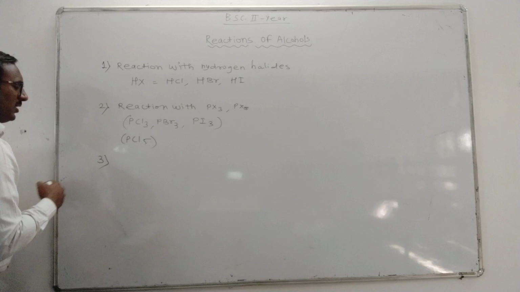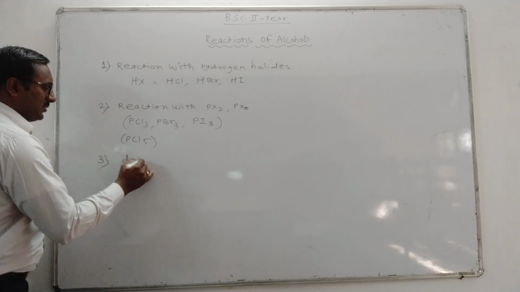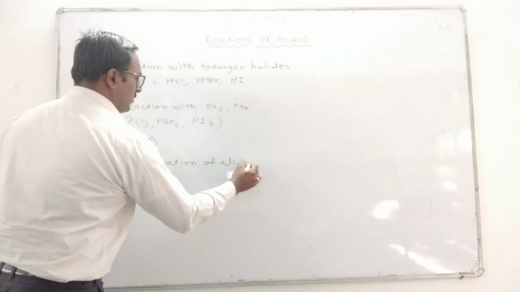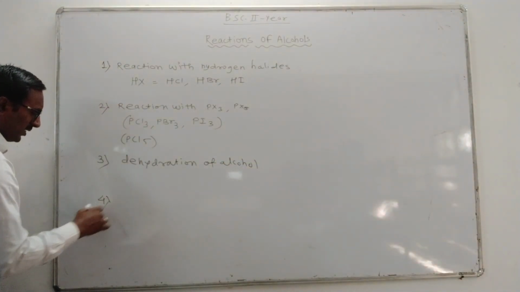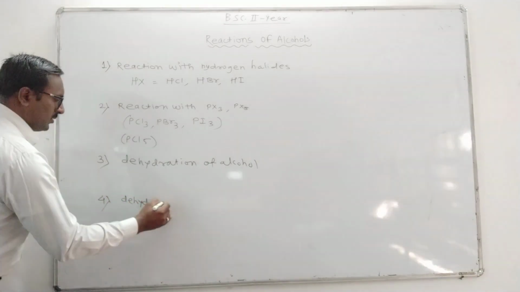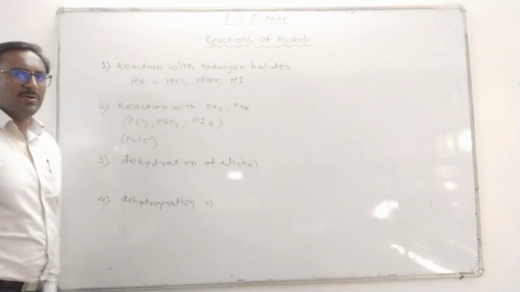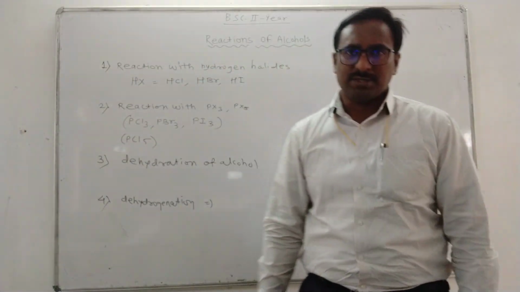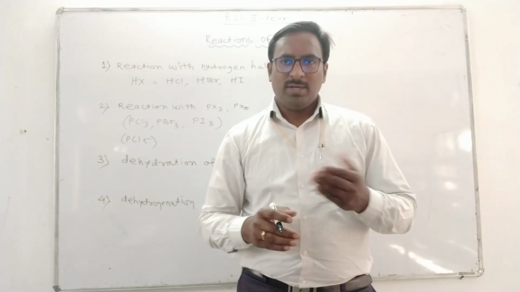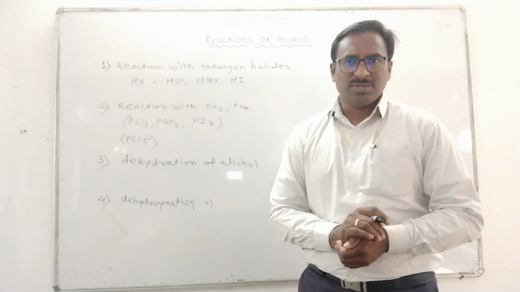Then the third reaction is dehydration of alcohol, and the fourth reaction is dehydrogenation. Alcohol on dehydrogenation gives aldehyde, ketone and carboxylic acid. It is oxidation. Dehydration gives alkene on elimination of a water molecule, or it may give ether on substitution.